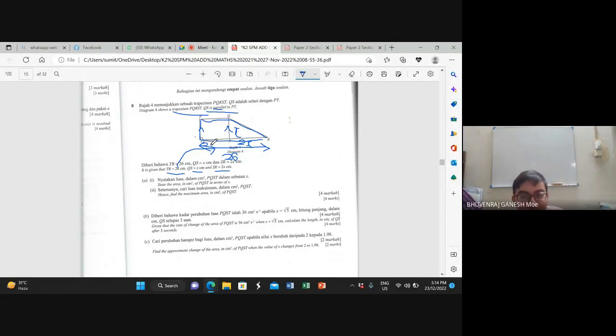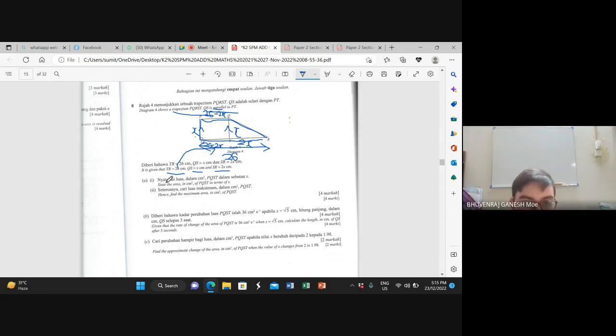Yeah, okay, that's the first thing. Anything else? This one should be x also, I think. And this one also is 26 minus 2x. We can hold on to this first. We don't need to write all this actually, but just to analyze.